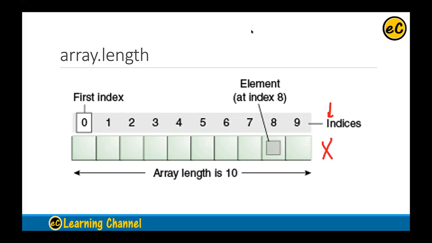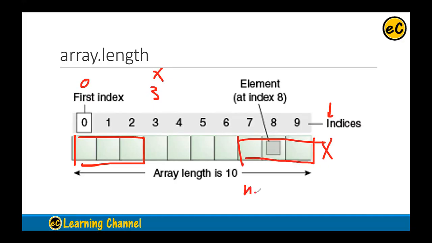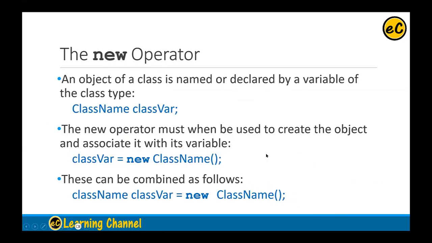The first 3 elements should be from 0 to 3, but not including 3, okay? The last 3 elements will be starting from n minus 3 to the end of the array, or n minus 3 to n. That's the last 3 elements. Any questions so far? No. So for array, the most important part is the index calculation, okay?